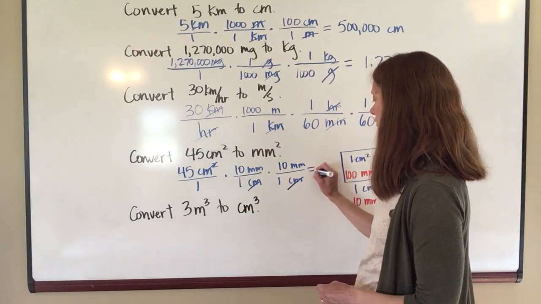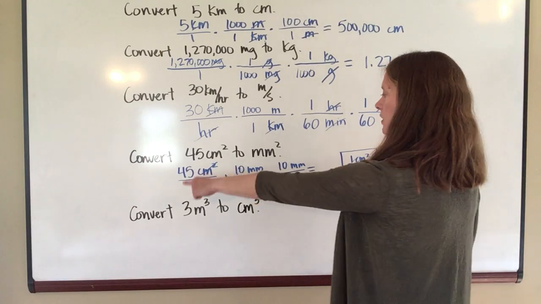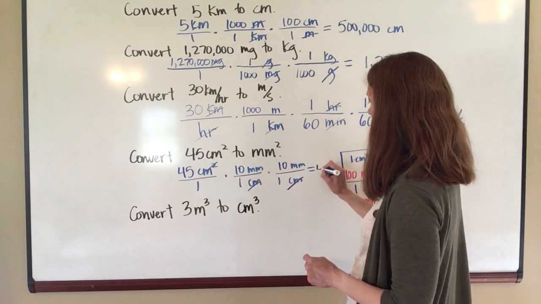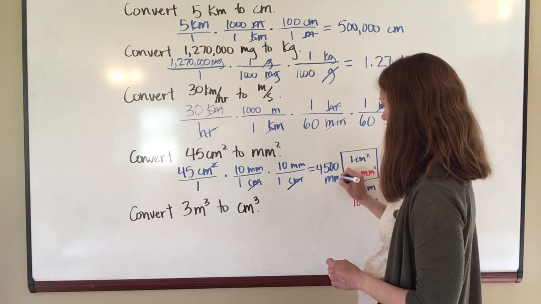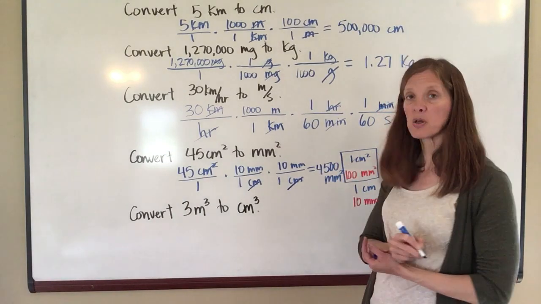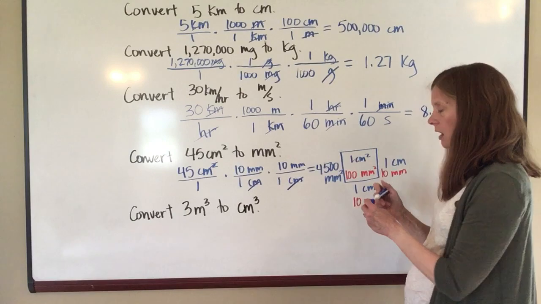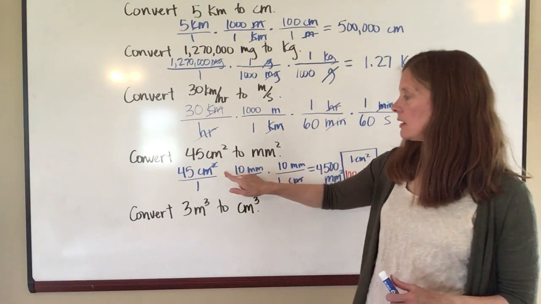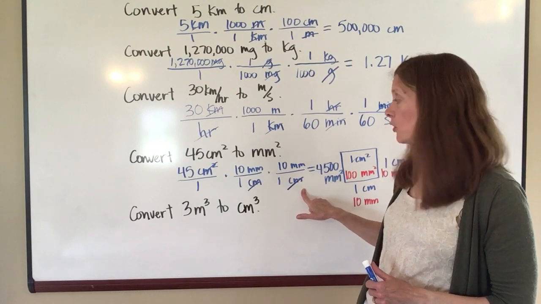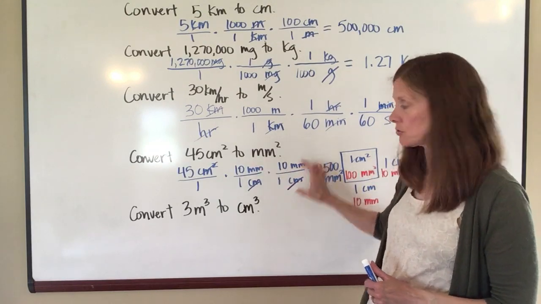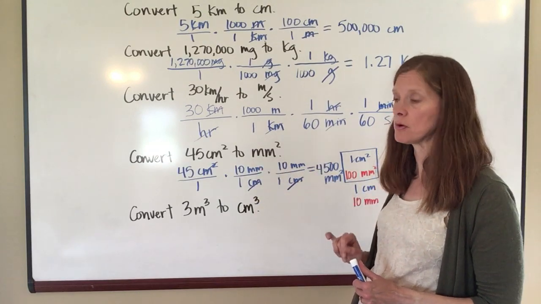Then the final answer is going to be 45 times 10 times 10, which is 4,500, whoops, ran out of space, square millimeters. So if you've got something squared, you got to make sure you put 2 of them down here on the bottom when you're converting them. You can use the same conversion factors, but you have to make sure you use 2 of them.